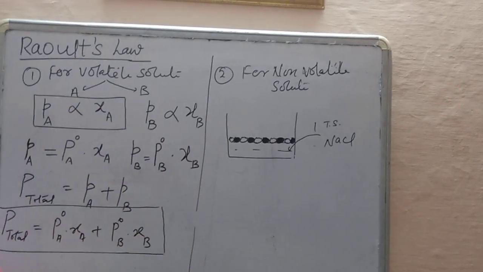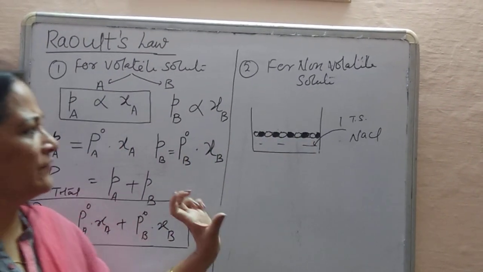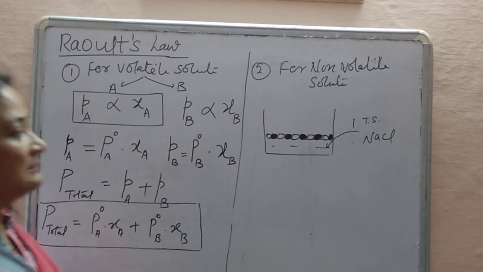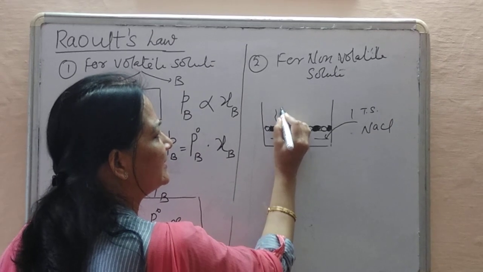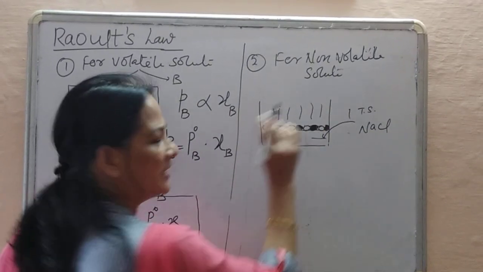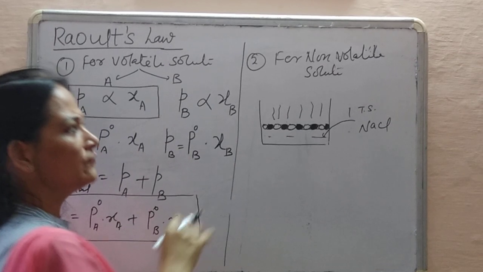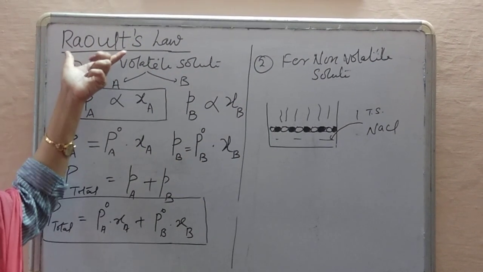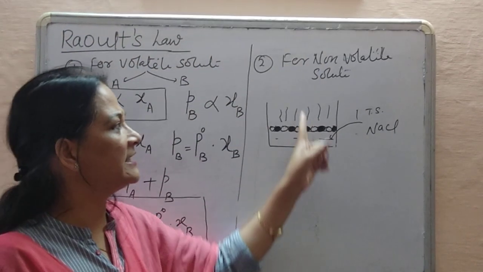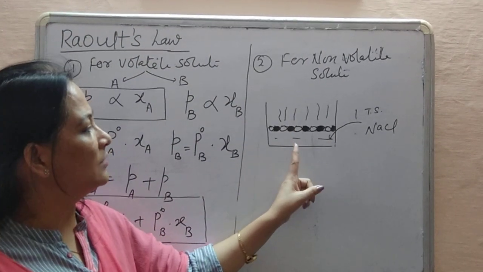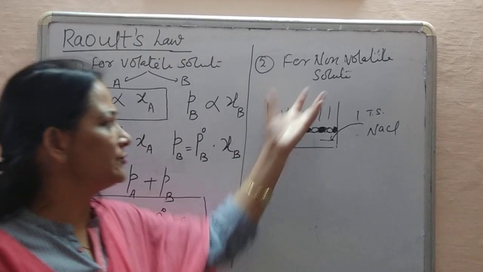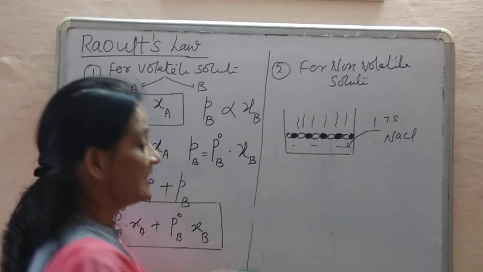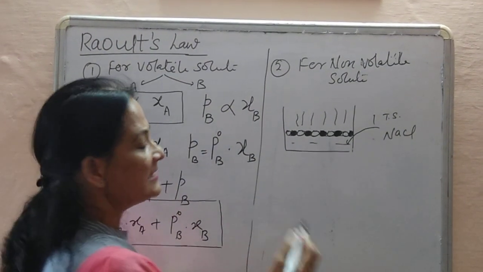Because some of the surface area is covered by non-volatile molecules, the surface area available reduces and, of course, the tendency to convert into vapor will also be reduced. So on adding a non-volatile solute, the vapor pressure will reduce. This is another aspect of Raoult's law: when a non-volatile solute is added to a solvent, of course it is no more a solvent, it will convert into a solution. So it says there is a decrease in vapor pressure.